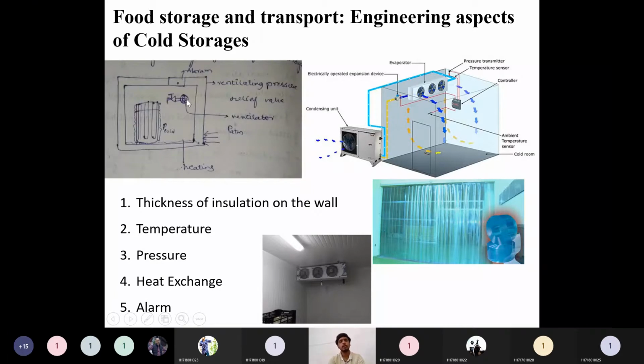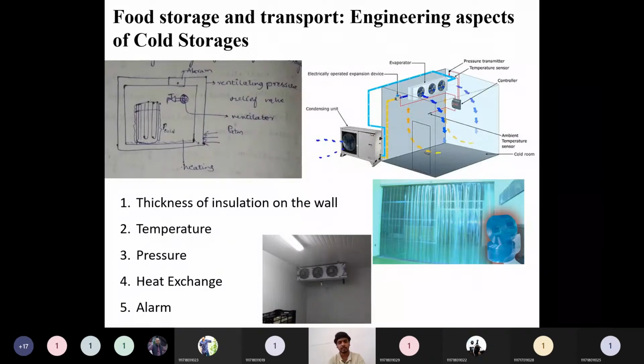So in order to prevent that, we have to provide some proper ventilation, these types of ventilators, so that some of the vacuum inside can be relieved. That ventilation needs to be designed properly, otherwise the heat exchange with the environment will be very high.